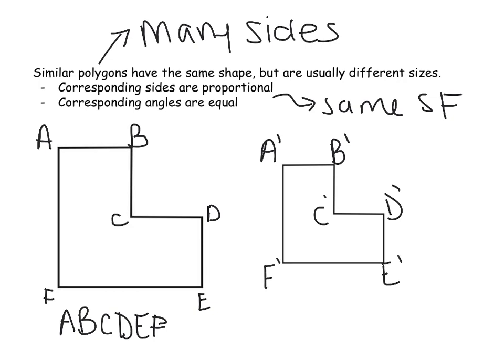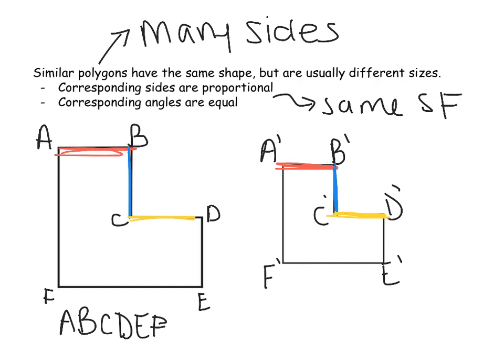So all I'm doing is adding little apostrophes to the letters to show that A and A prime are corresponding, but they're just on different shapes. So we would say that the corresponding sides would be side AB and side A prime B prime, side BC and B prime C prime, side DC and D prime C prime, and so on.